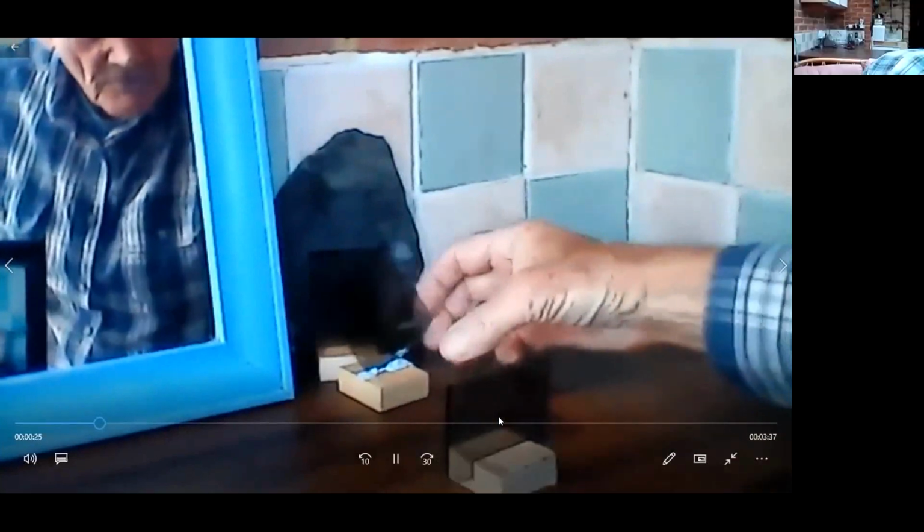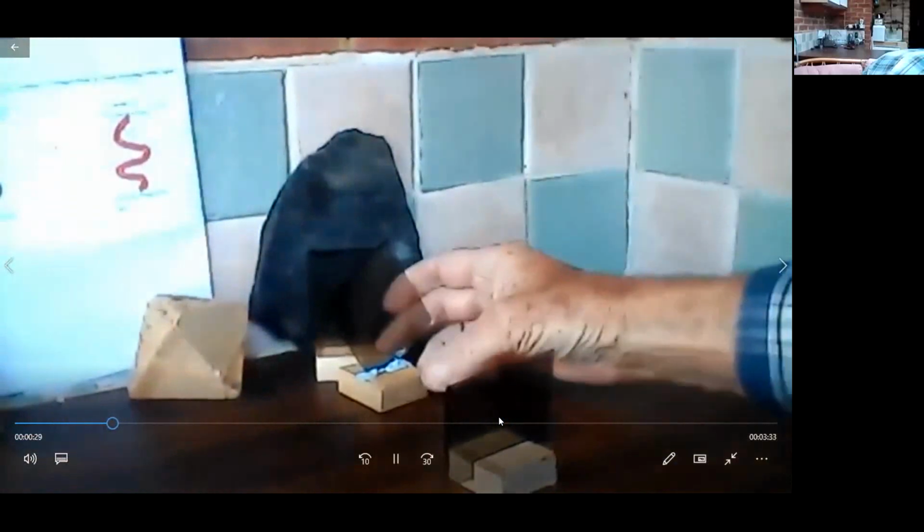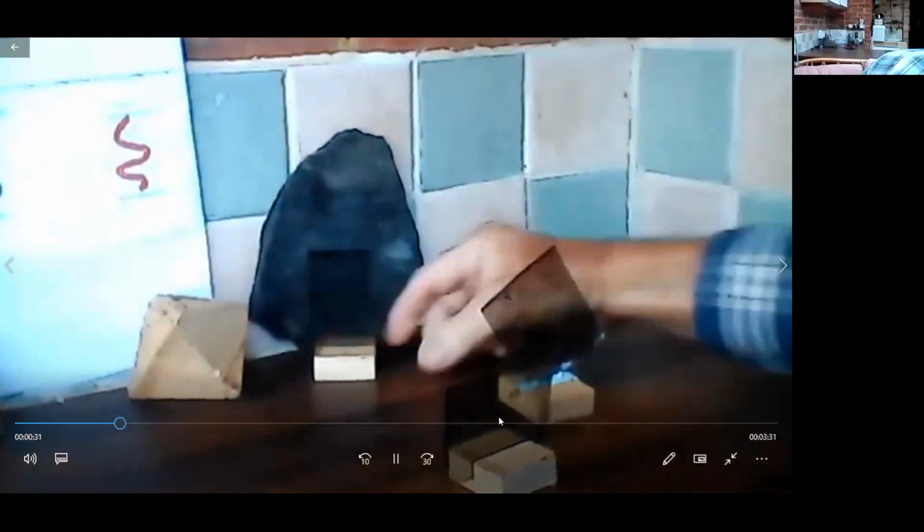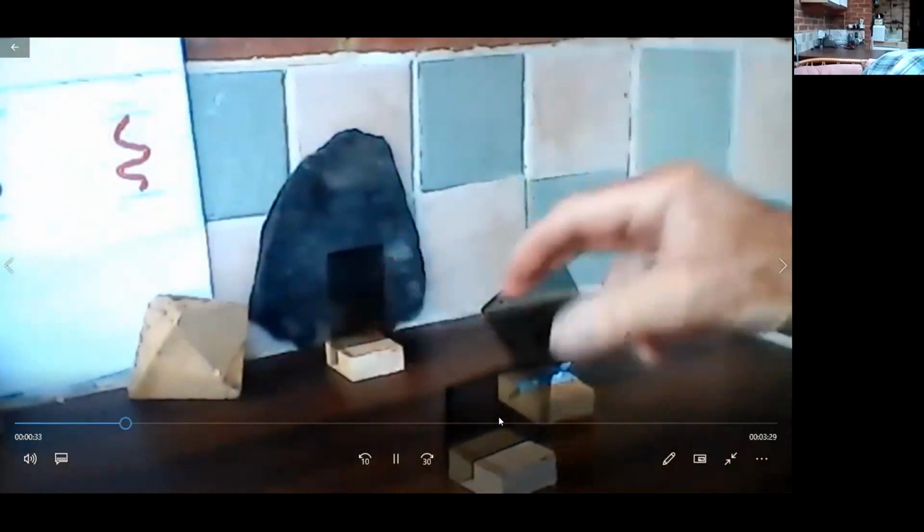So we're going to use some Polaroid film to show this effect. So here we have three pieces of Polaroid, and one of them is at 45 degrees, this one is vertical, and this one is horizontal.